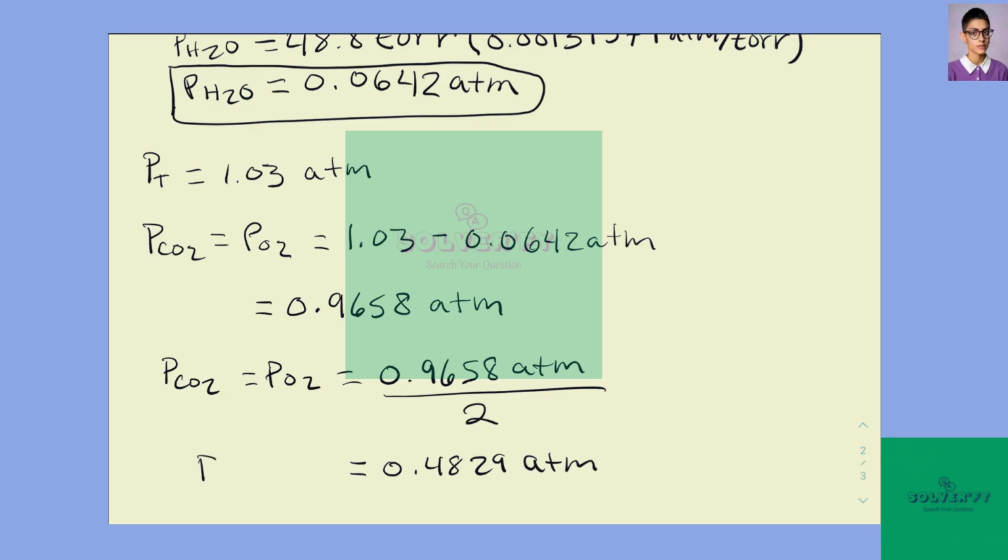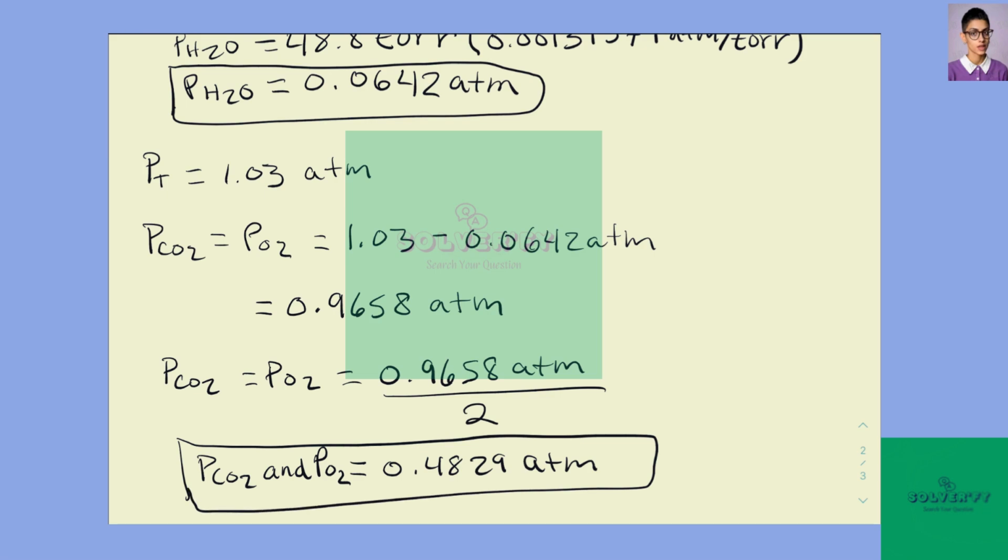So this is going to be the partial pressure for CO2 and the partial pressure for oxygen. And that is how we calculate the partial pressures for this reaction.